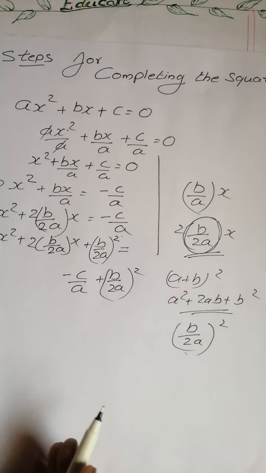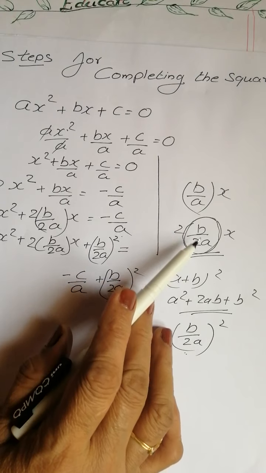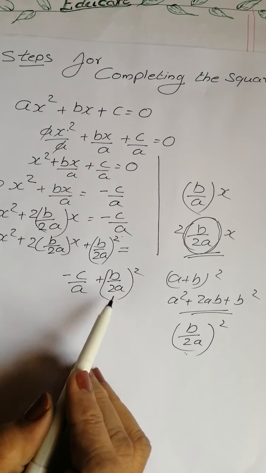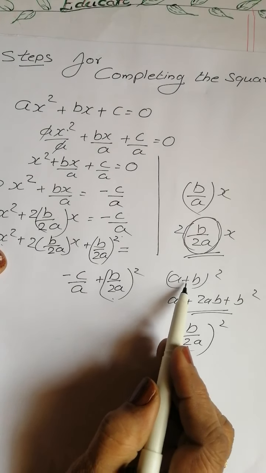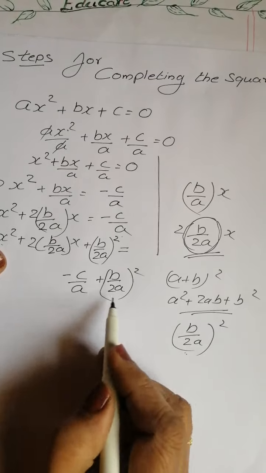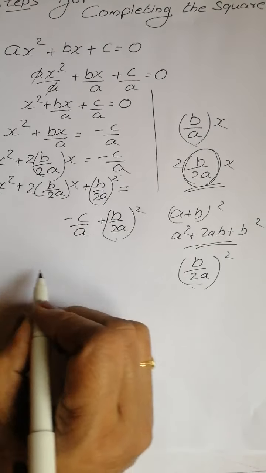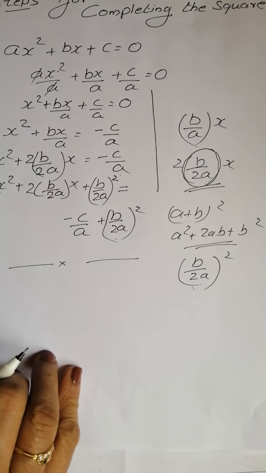Got it? Coefficient of x, take that one, divide by half and square it, put it on the LHS and RHS. Got it? Then this equation we can write in the form a plus b the whole square, and this we have to solve. This is the only thing we have to do while completing the square.